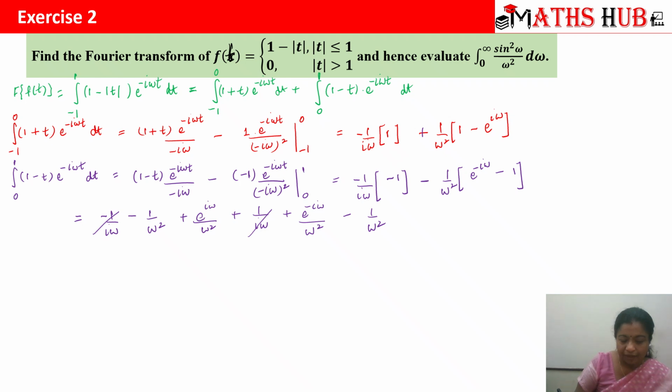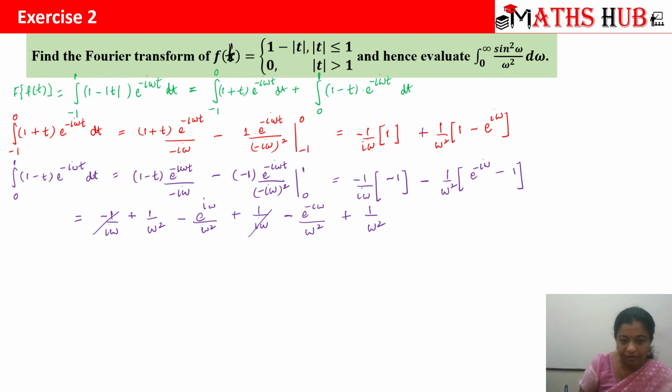So I will get minus 1 by i omega plus 1 by omega square minus, this term will be minus i omega plus 1 by i omega, then I wrote a minus sign here, right? So this will be minus minus plus. Yeah, so this will be minus. So I will get a minus sign here and I'll get a minus minus plus sign over, right?